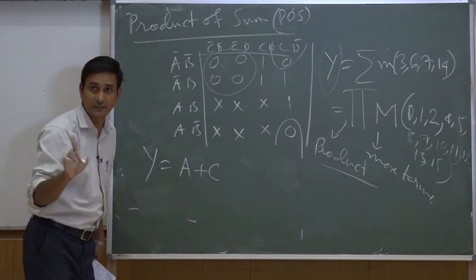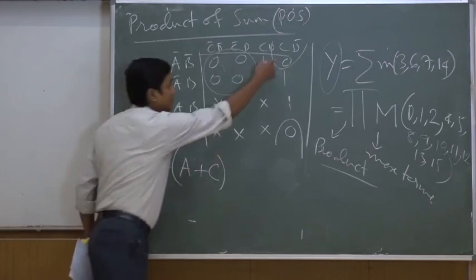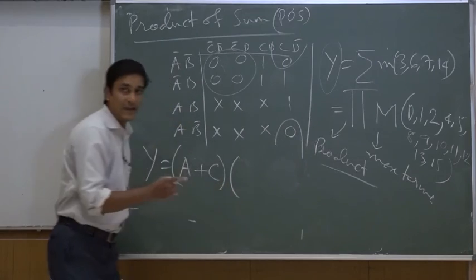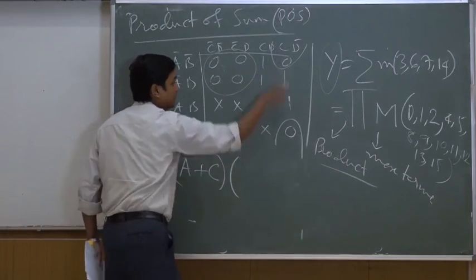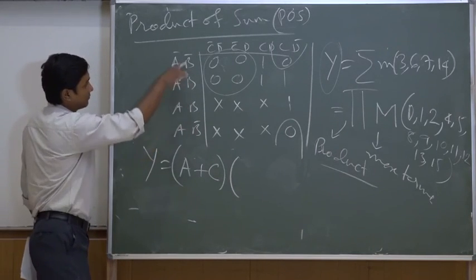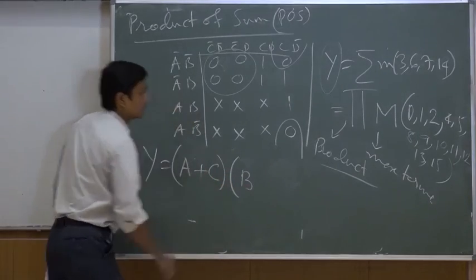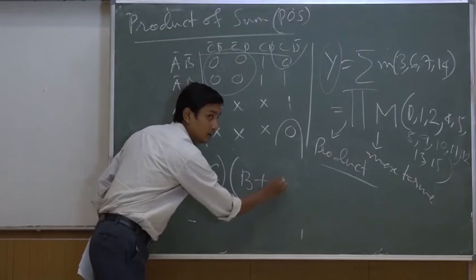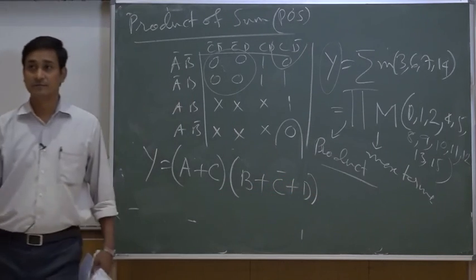This is the difference. Similarly, for this, earlier it was OR, now it will be AND. Of this, for these two, B bar is common, A bar is not there. So, it is B plus C bar plus D, done.